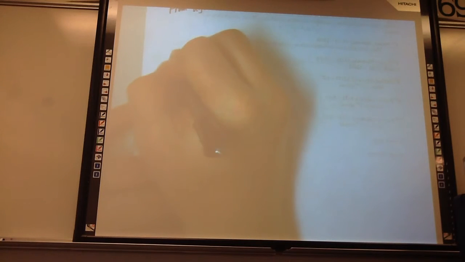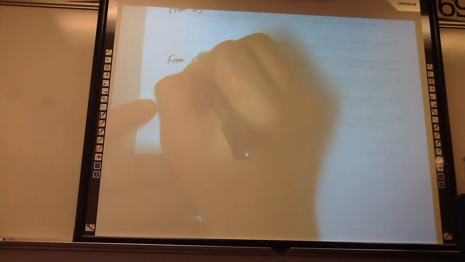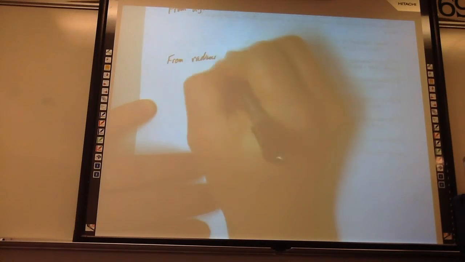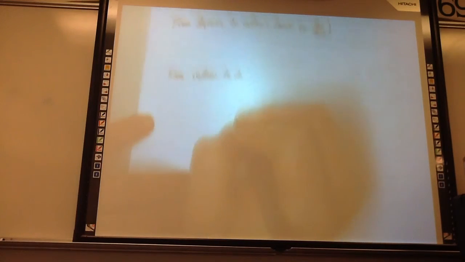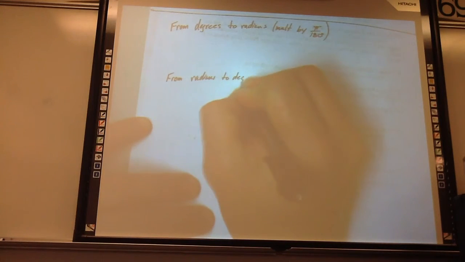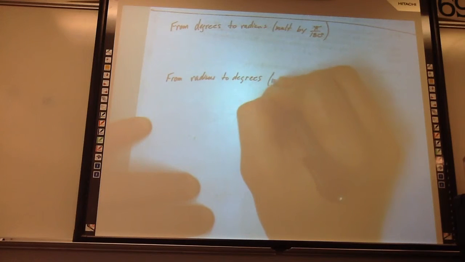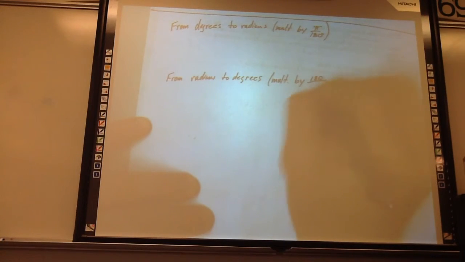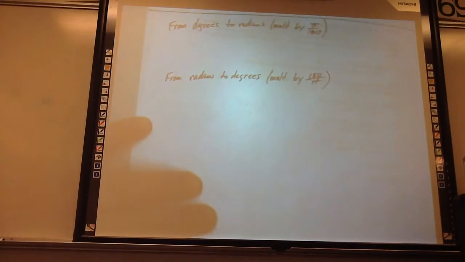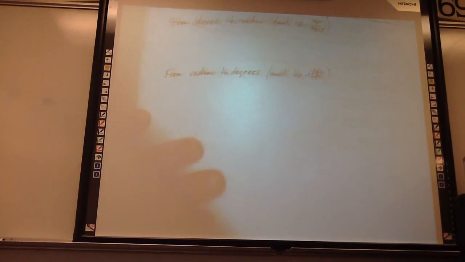If you want to convert from radians to degrees, you multiply by 180 over pi. Easy way to remember that.